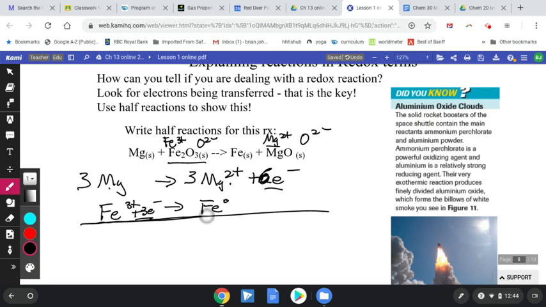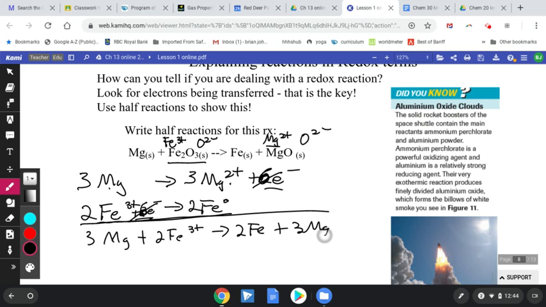And we would multiply everything here by 2 to give us 6. So 2 of those becomes 6 of those and 2 of those. Now the electrons gained equal the electrons lost, and this would be our balanced redox reaction. Boom, and you would be able to tell me who is the oxidizing agent and the reducing agent.